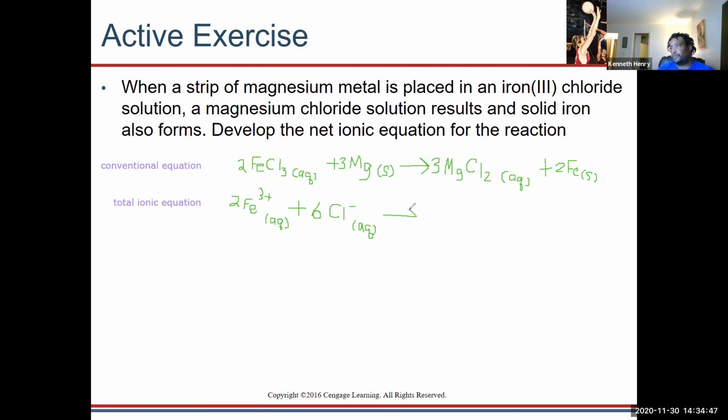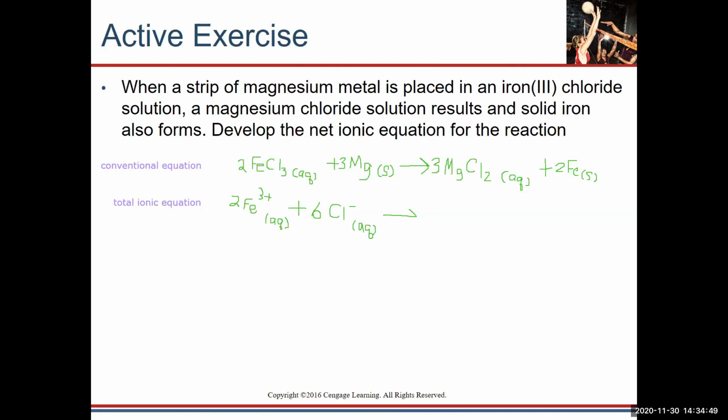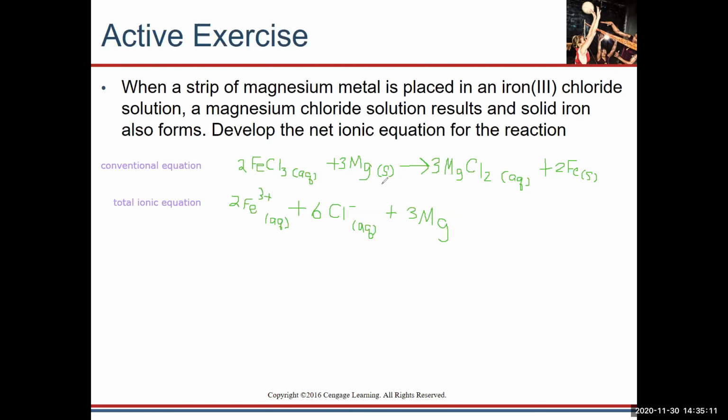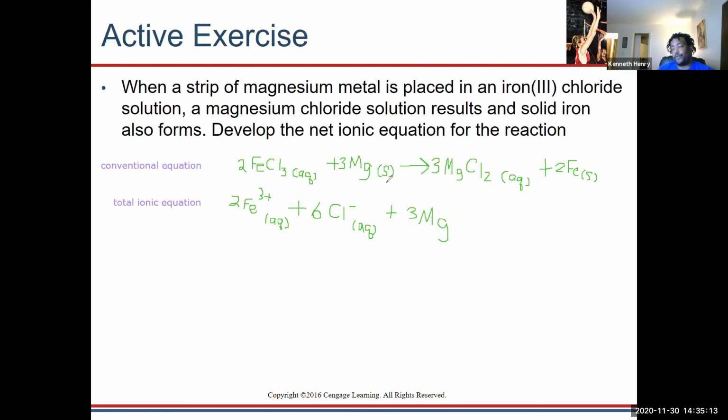Okay. And then it's 3 Mg 2 plus. Is it going to be 3 Mg 2 plus? Solid, liquid, gases, what do we do with those?